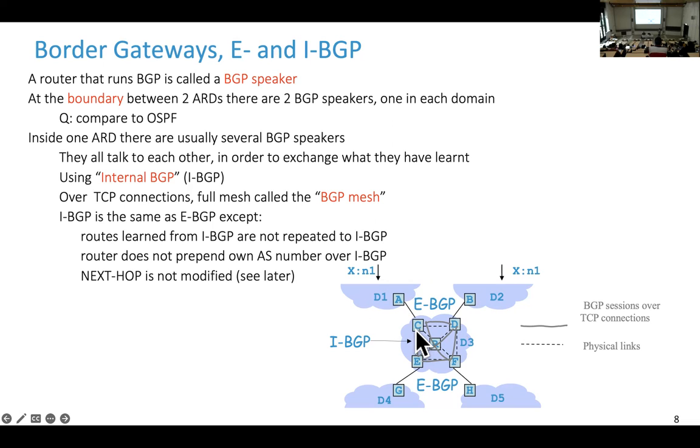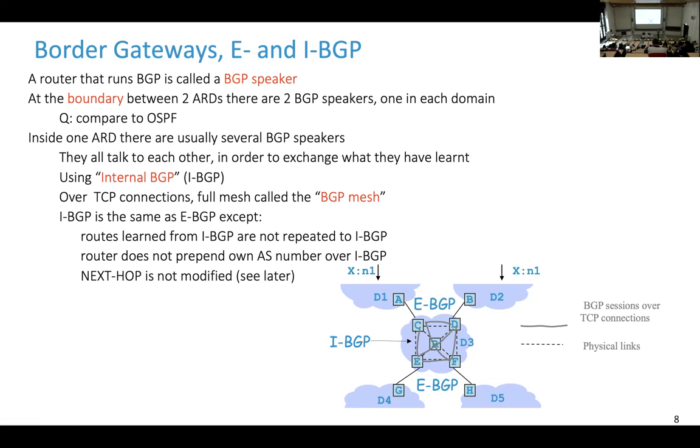We could write a config file in C, letting it know that you have 3 other BGP speakers in this area: E, F, and D. And whenever C becomes alive, it will establish a TCP connection to each of these peers. As you can see, these peers are not necessarily directly linked. For example, F is not directly linked to C. However, there is a path, so we could establish a TCP connection.